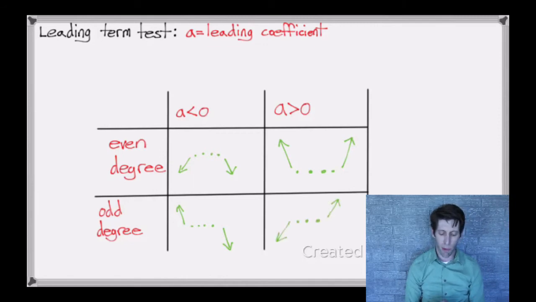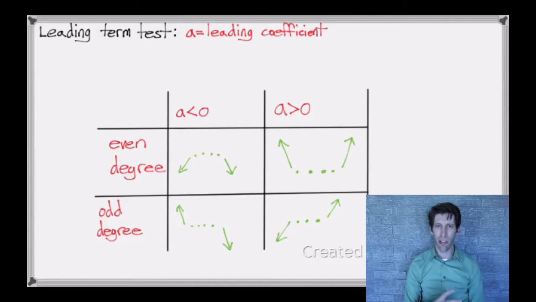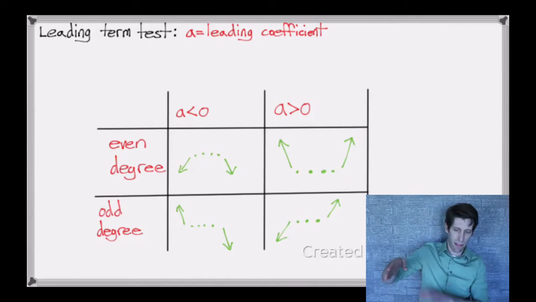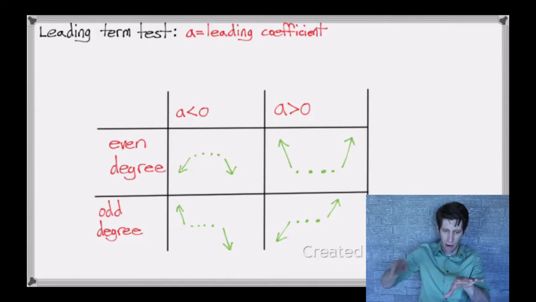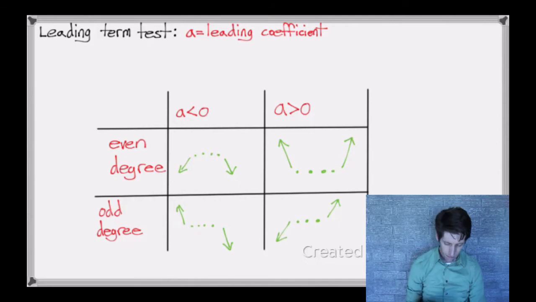And finally, if you have a leading coefficient which is positive and an odd degree on that polynomial, the edges look a bit like y equals x cubed. So it comes up, and then something happens in the middle with the graph, and then it exits the window in the top right corner.